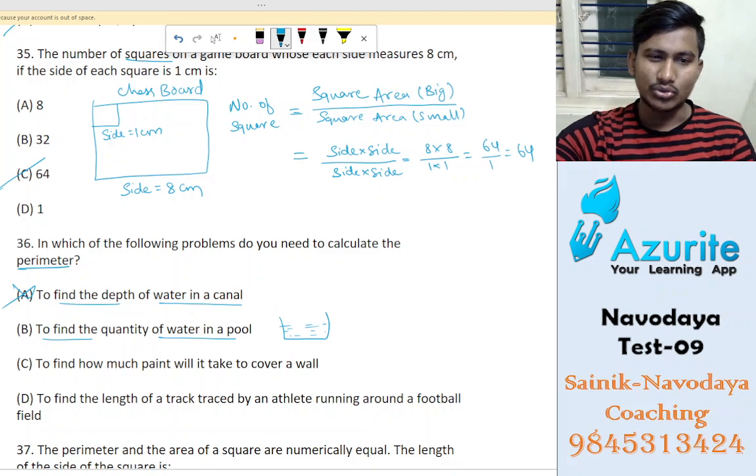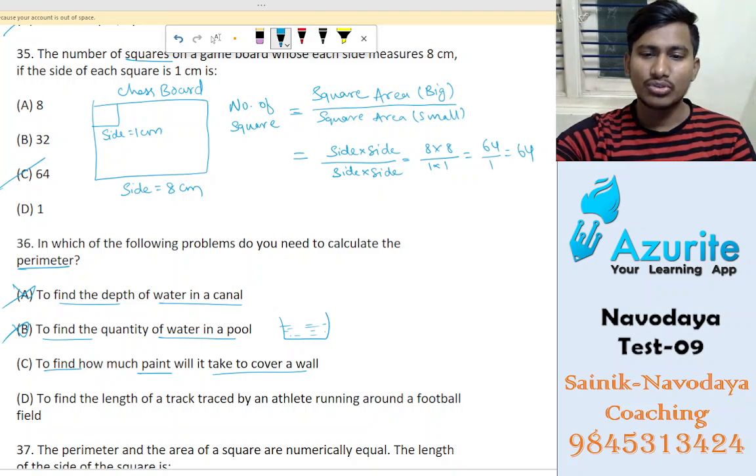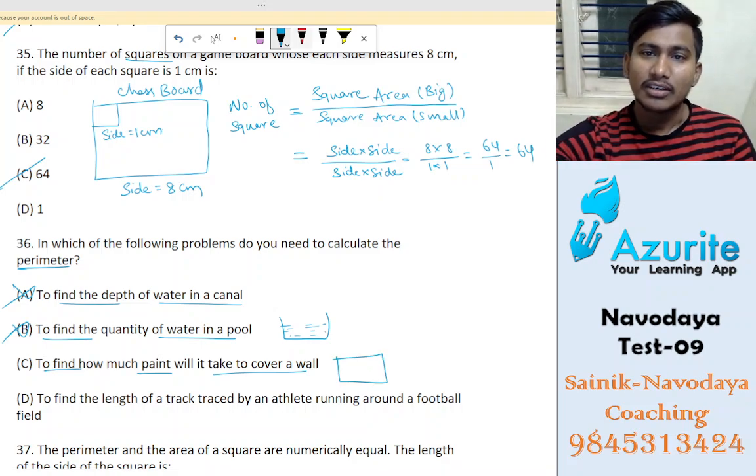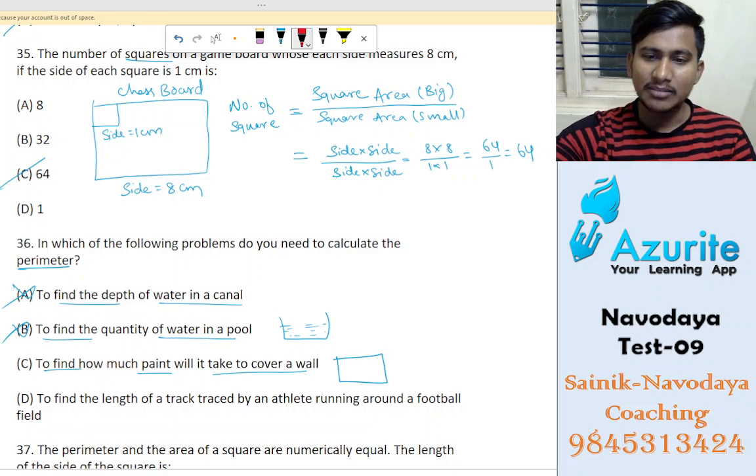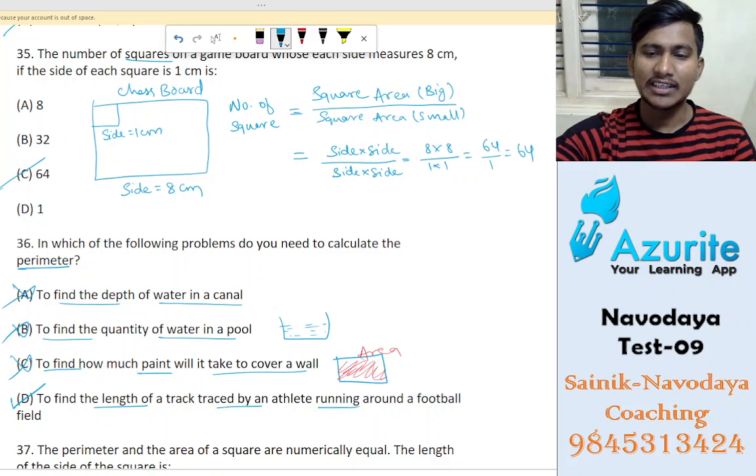No. To find how much paint will be required to cover a wall, what we have to find? You have to find the area. So not the answer. So what will be the answer? Option D, to find the length of the track traced by an athlete running around the football field. I told you.